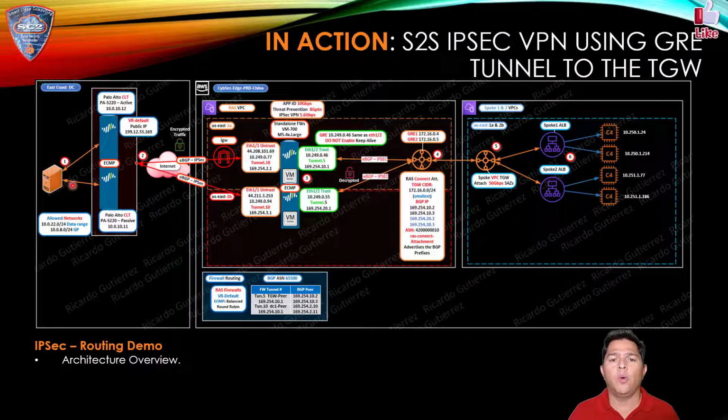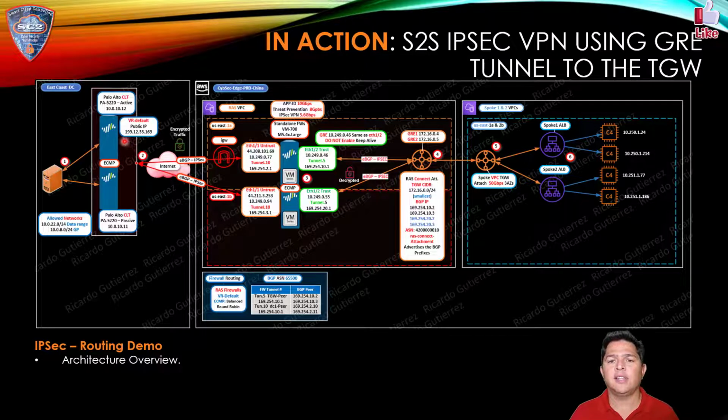So when the user wants to hit the ALB's IP addresses or FQDN, the packet will be received by the active firewall on the network, and then this firewall has ECMP built into it or set up, and it will round robin to each of these firewalls.